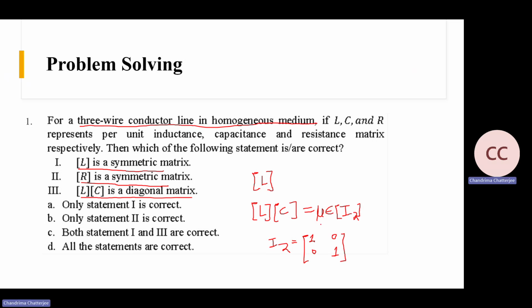So this will always be a diagonal matrix because the primary diagonal elements are unity and other elements are 0. Whatever you multiply with this matrix, these elements will always remain 0. So LC is a diagonal matrix. This is also true. So option D is correct. All the statements are true.